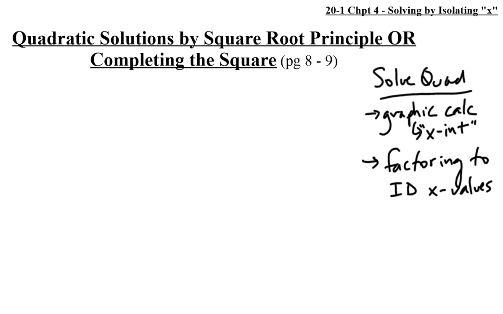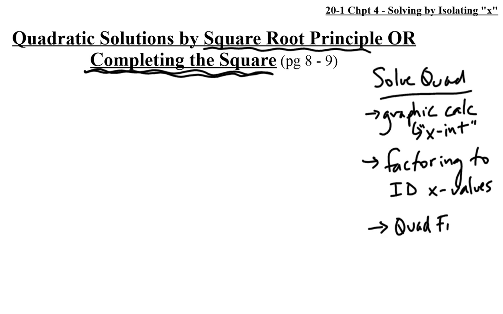Today, we're going to talk about the square root principle or completing the square, which is what we did last unit. There's also one more that we're going to add, using what's referred to as the quadratic formula. Now, each method has its pros and cons. There's 4 of them.